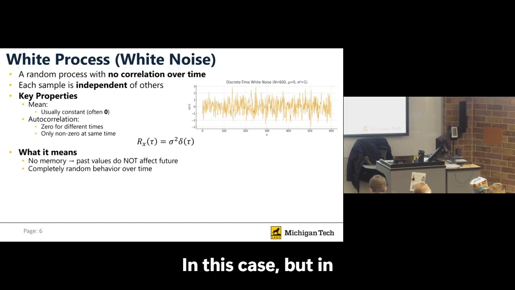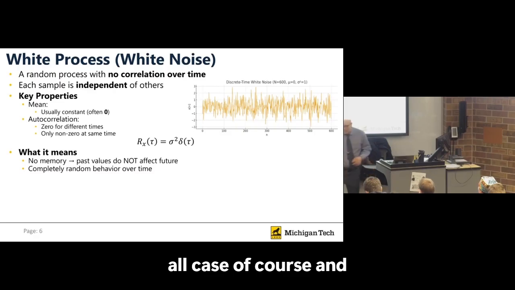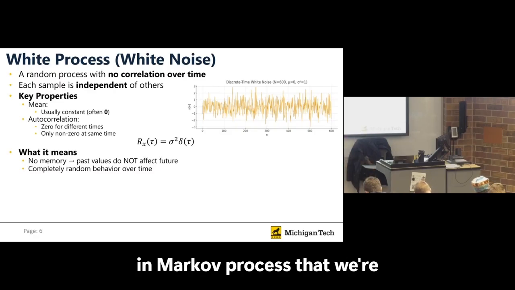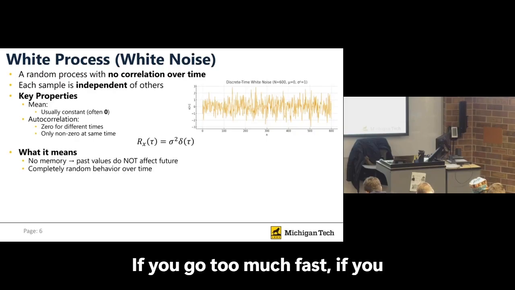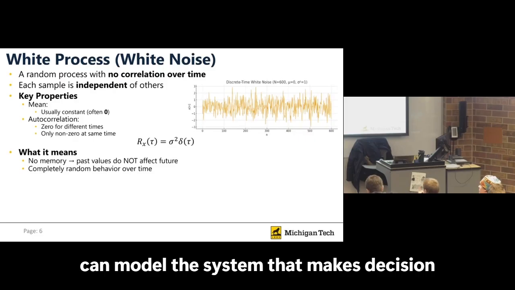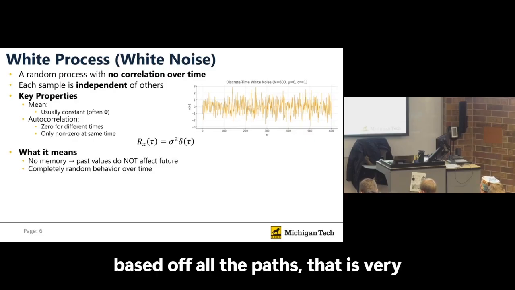In the Markov process that we're going to study soon, we're going to see the future depends on the past, but not too far back, just one step. If you model a system that makes decisions based on all the past, that is a very advanced model.